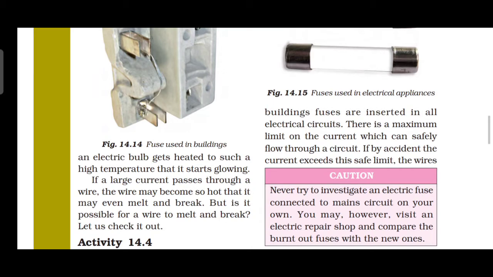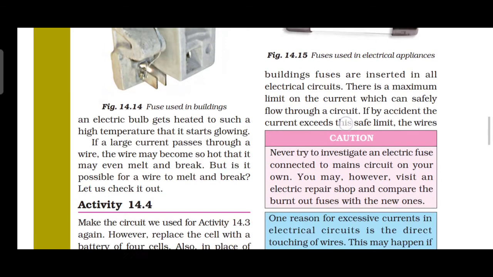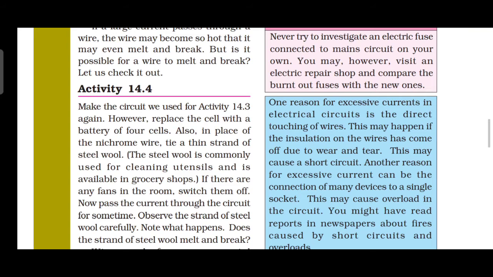Then here is activity 14.4. Here also we are making a circuit. Replace the cell with a battery of 4 cells. See the picture, they have used 4 cells. Also, in place of nichrome wire, tie a thin strand of steel wool.